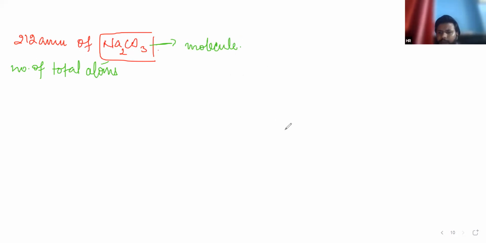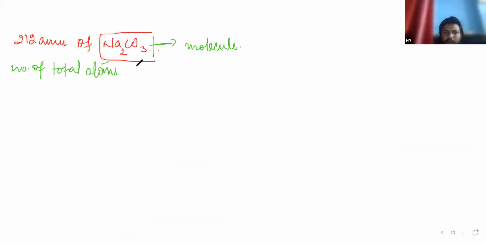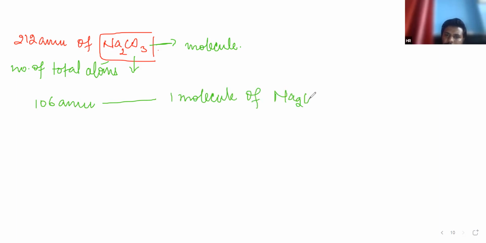Just like we calculated O2, we will calculate Na2CO3. First, the mass of Na2CO3 is 106 AMU. 106 AMU means 1 molecule of Na2CO3. Now, in 1 AMU, how many molecules of Na2CO3 are present? 1/106 molecule of Na2CO3 is present.